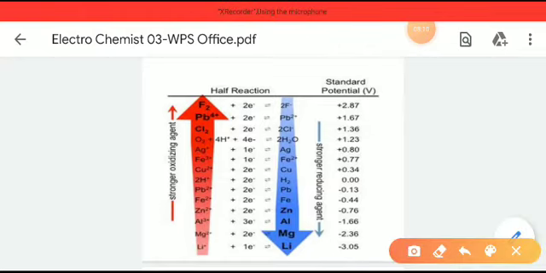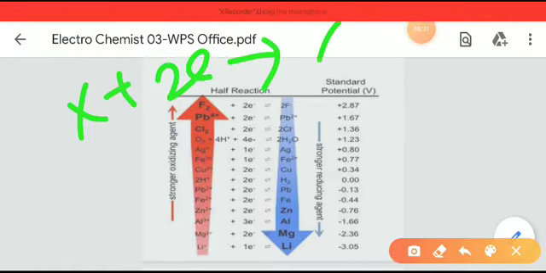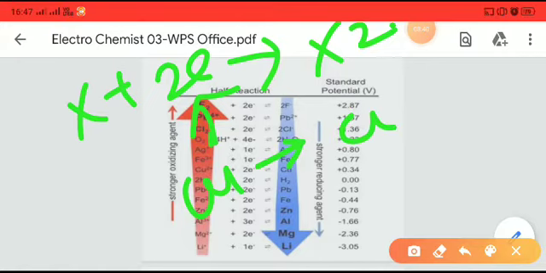Okay, so what happens if an element, suppose X, is taking two electrons and becomes X2 minus? It is doing a reduction, but these two electrons are coming from, suppose, Cu. After leaving these two electrons, this Cu becomes Cu2 plus.